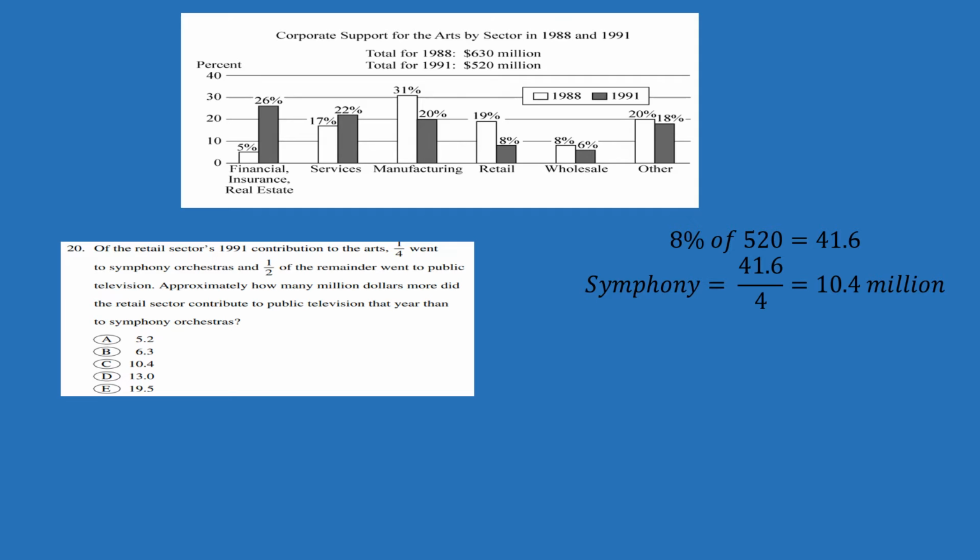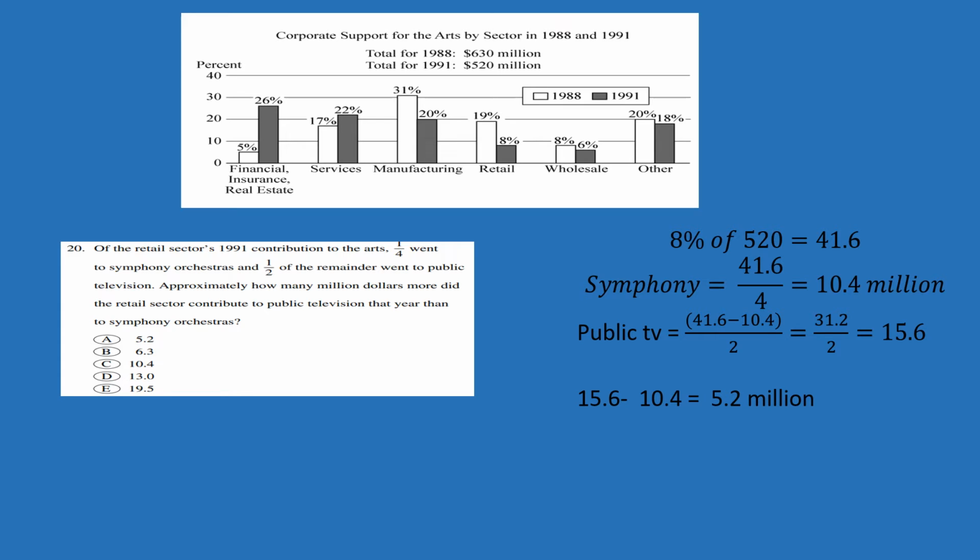1/4 of this goes to symphony. So 1/4 of that will be 10.4 goes to symphony, and it says from the remaining, that is 41.6 minus 10.4, from that remaining, half of that goes to public TV. So 15.6 million will go to the public TV.